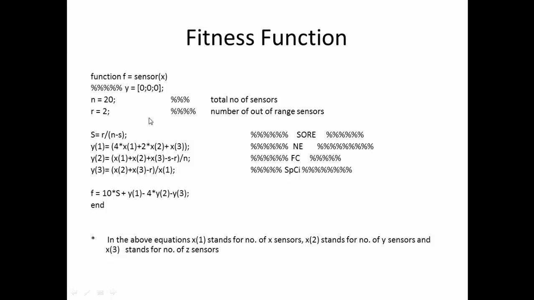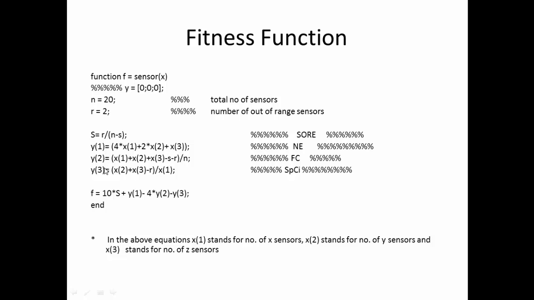The other values, the number of inactive nodes, is given by S. The number of X sensors is given by X1. The number of Y sensors is given by X2, and the number of Z sensors is given by X3.